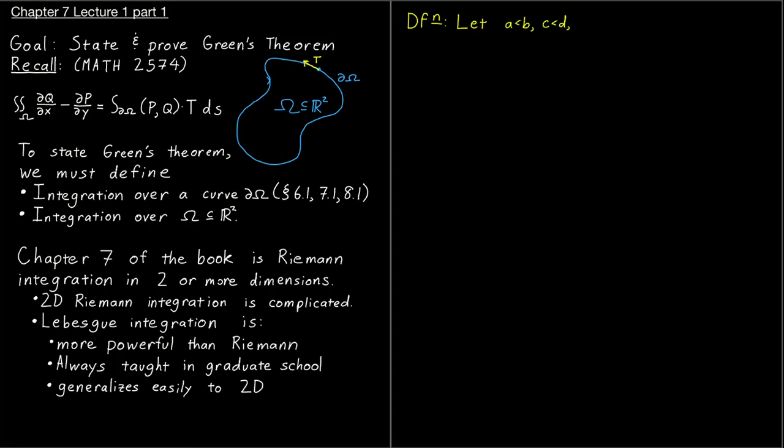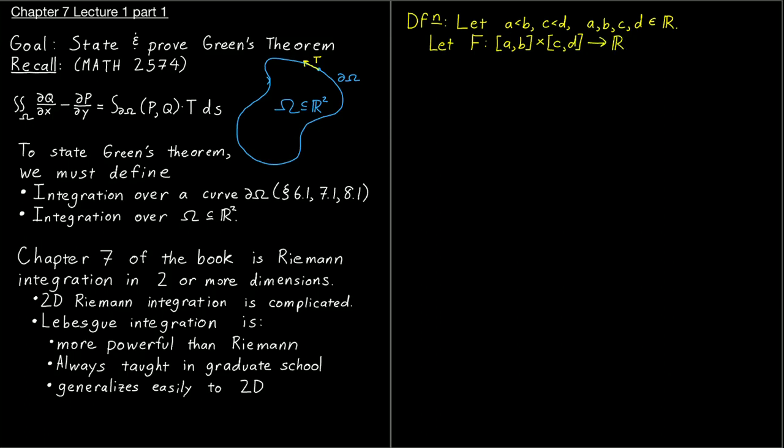So we'll pick 4 real numbers such that [a,b] and [c,d] are both non-empty closed bounded intervals. And let's let capital F be a function whose domain is this two-dimensional rectangle, a subset of R2.